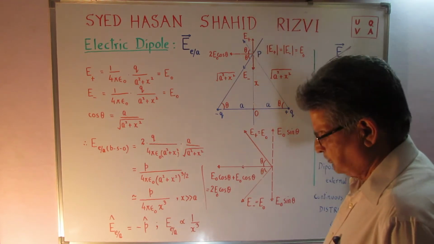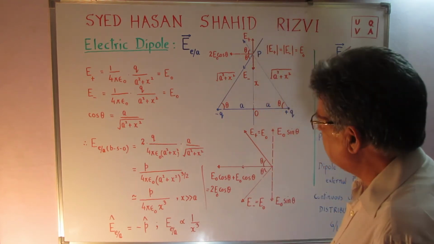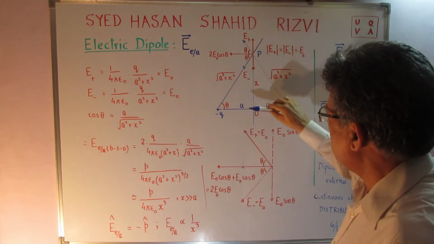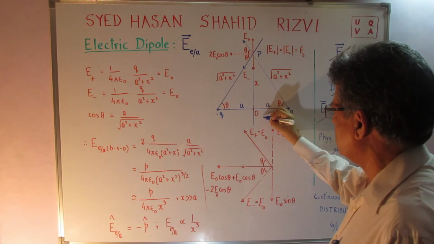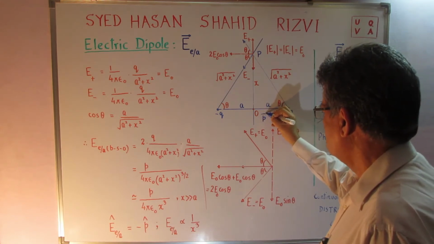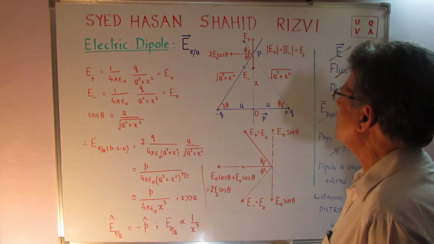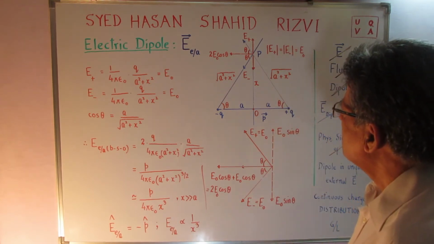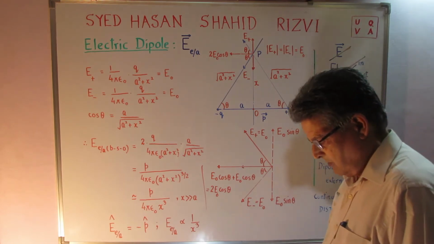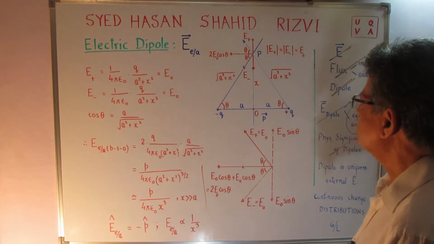There is an element of symmetry, and if I draw a line parallel to this line over here, p is from minus q to plus q. This is small p, of course, which is the dipole moment vector.